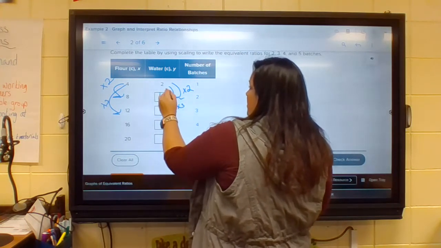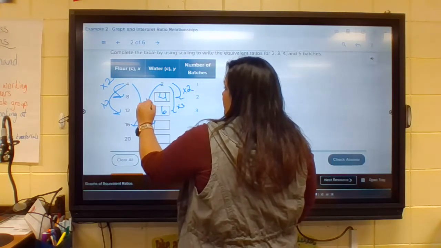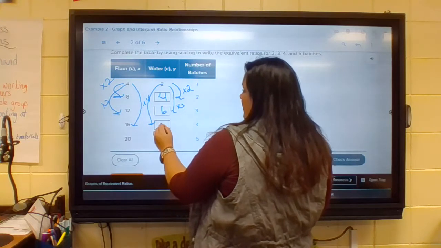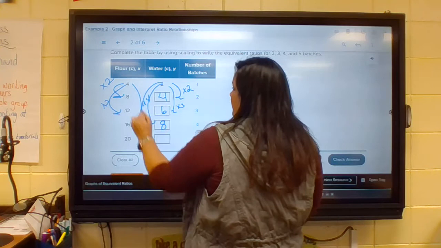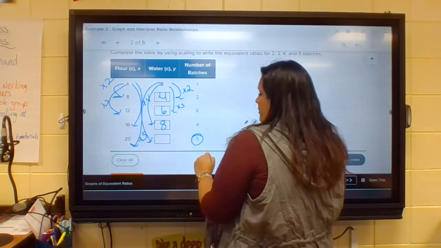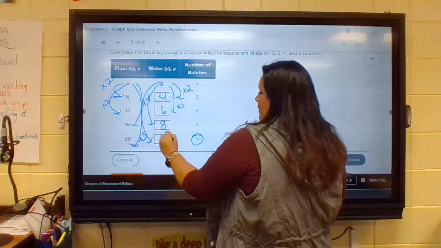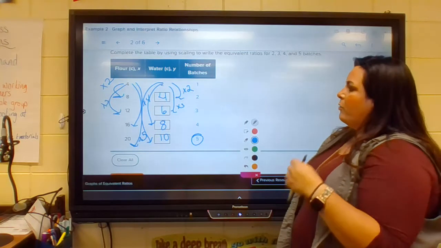Now, if we're doing 4 batches, we're going to take this times 4, right? So 2 times 4 is 8. And finally, this last one should be a times 5, right? Because we're doing 5 batches. 2 times 5 is 10. Okay. So that should be what our ordered pairs would be.